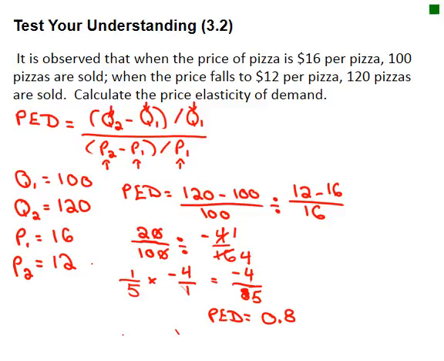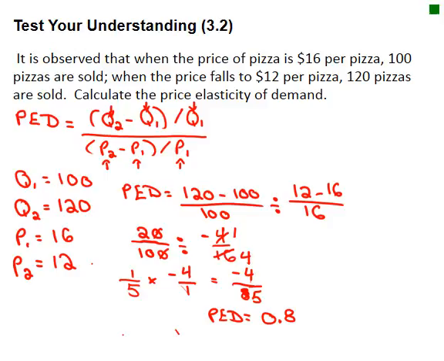Q2, so 120 minus 100 over 100, and we're going to divide by P2, which is 12 minus 16 over 16. So 120 minus 100 is 20, divided by 100, divided by negative 4 over 16.